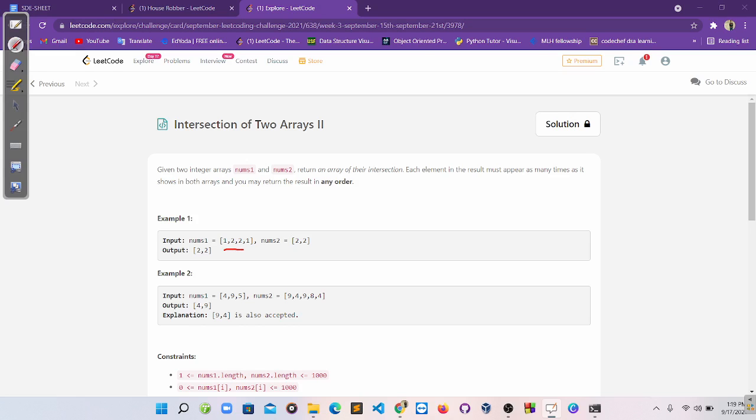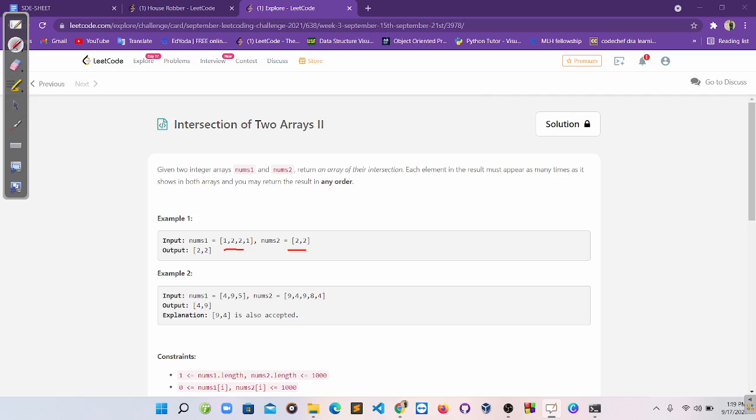Because of the time complexity of the previous approach. If we try it that way, the time complexity is n square, which is very high, and this is not the right solution for this problem.